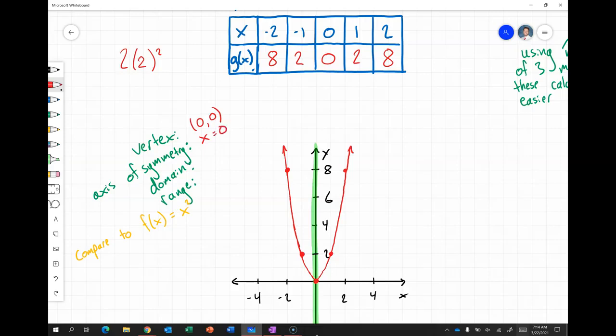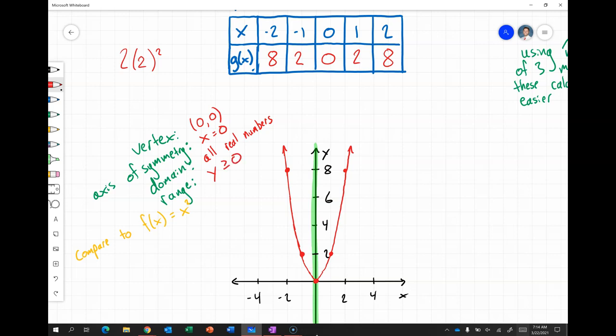Our domain will be all real numbers. And our range, we can see nothing is ever going to be below 0 because that is our vertex. So our range will be y is greater than or equal to 0.